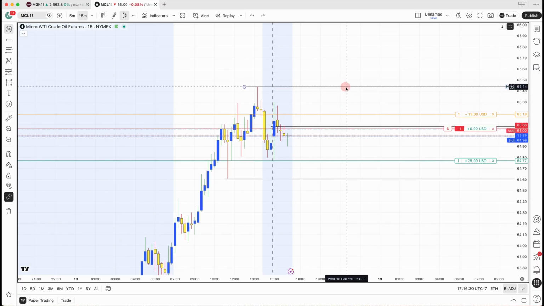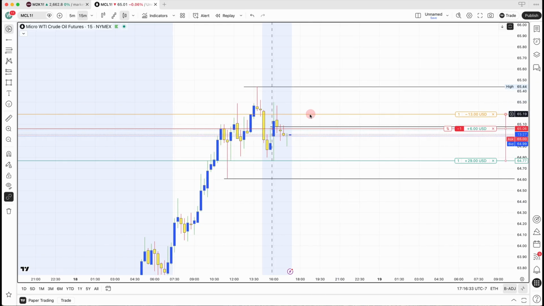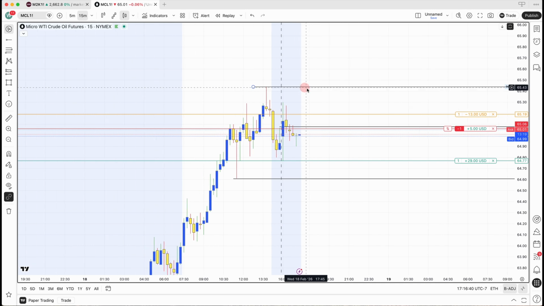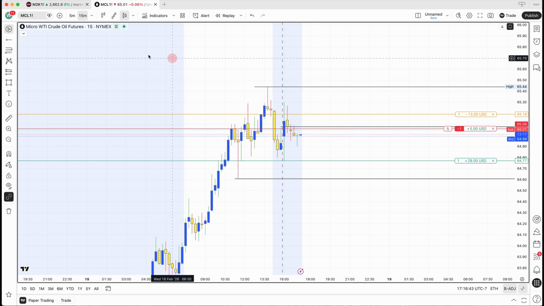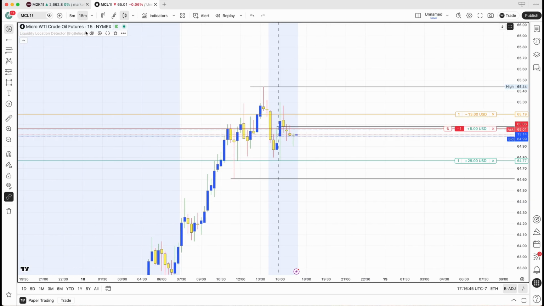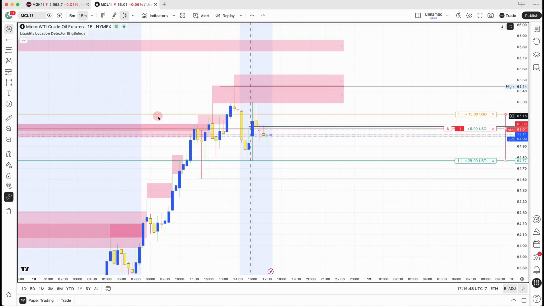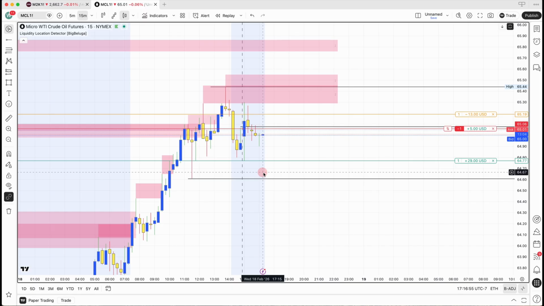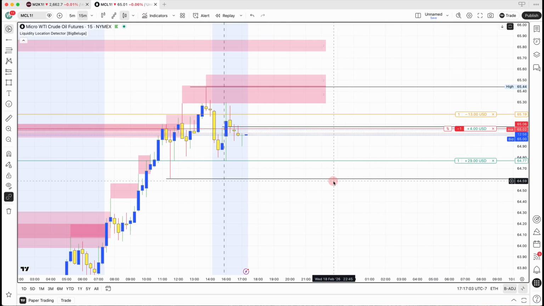I wanted price to come back up to the previous day high and then see it capture some liquidity. I'll turn it back on. I wanted to see it capture some liquidity in here and then push back down to the session low, which I've got marked at $29.